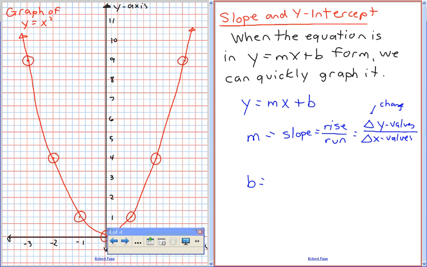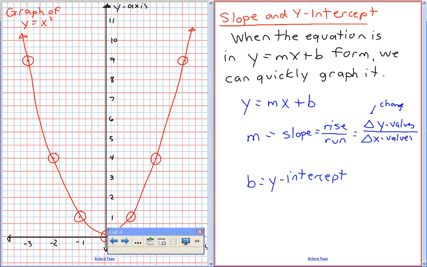And I don't remember what b means. Oh, b. Y equals mx plus b. You guys did this every day, I hope, in grade 9, right? No? B is something called your y-intercept.